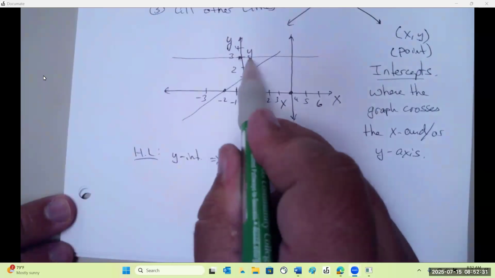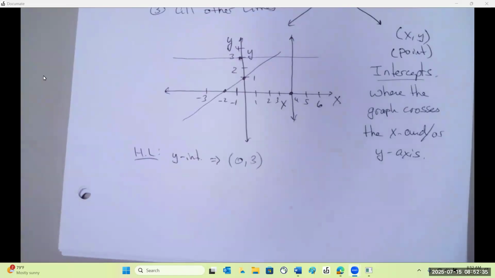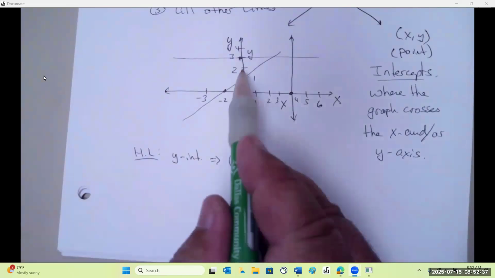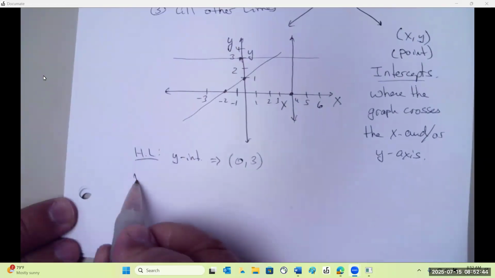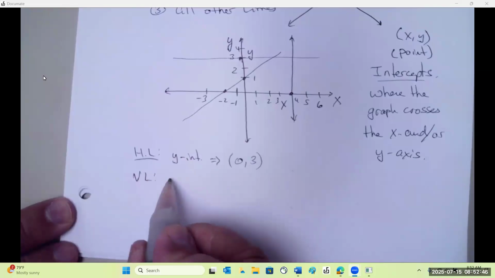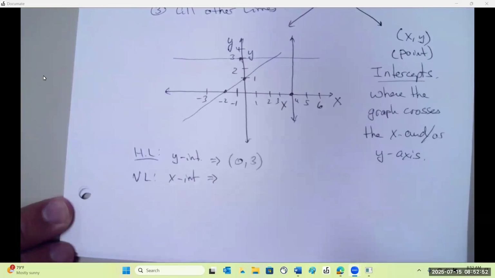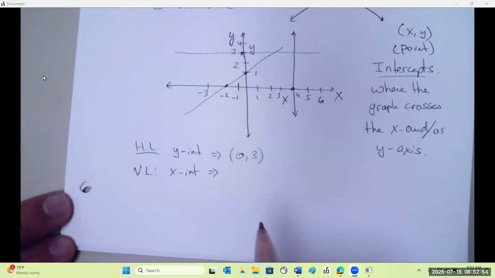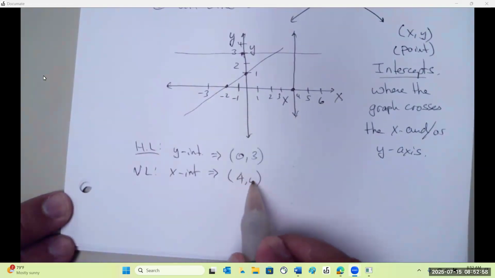So in this one, the horizontal line, it's 0, 3. Because it crosses at 3. What about the vertical line? It only has an X intercept. So what is its location? 4, 0.